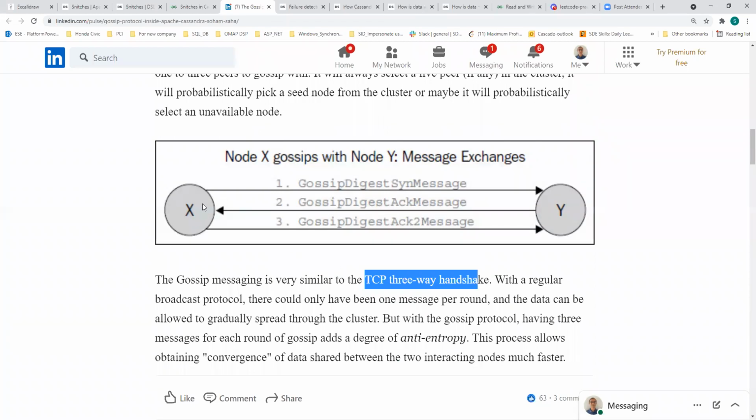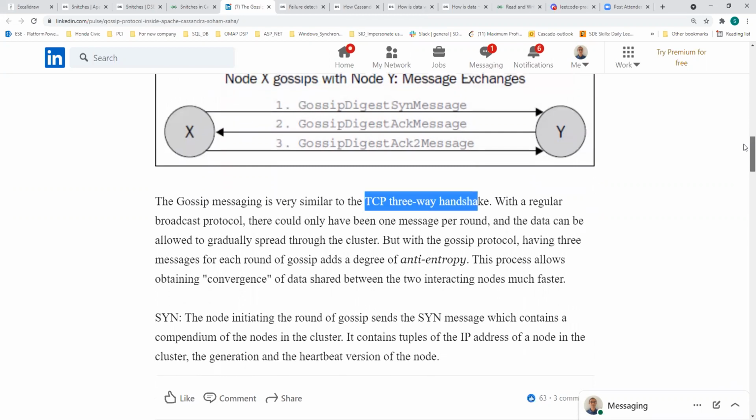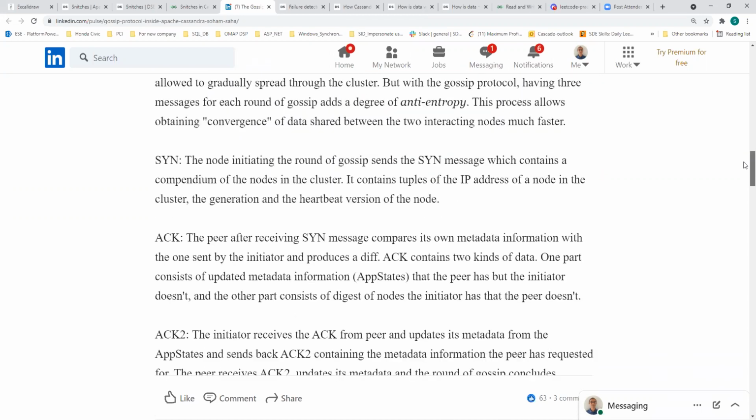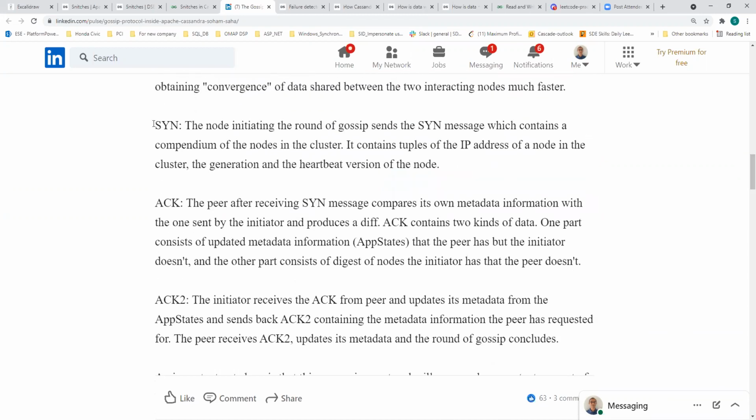If X is the initiator, it will send a gossip digest SYN message to Y, and then Y will respond with an ACK message to X. And when the initiator receives the ACK, it will send another ACK2 message to Y, and that completes the gossip.